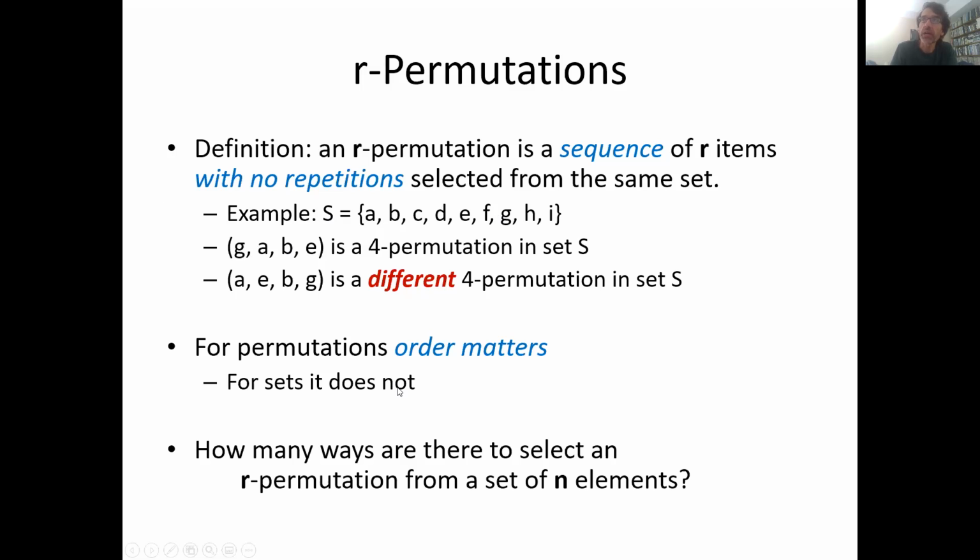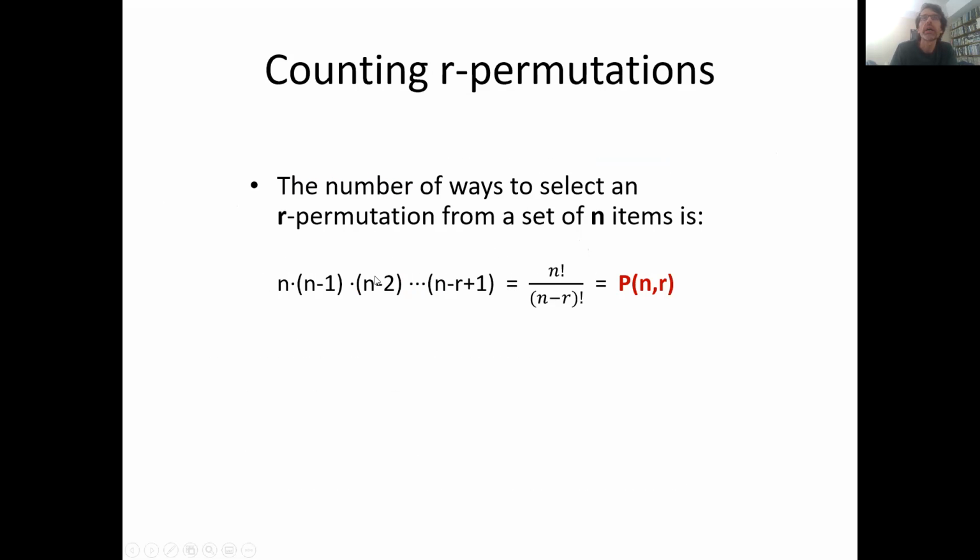So a question: how many ways are there to pick an R-permutation from an N-element set? Here is how to count. There are N choices for the first element, N minus 1 for the second, because once you chose the first element, the second is anything except that one, since an R-permutation is supposed to have no repeats.